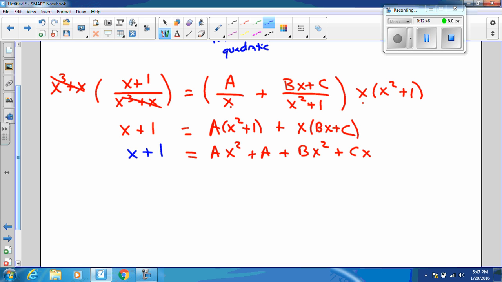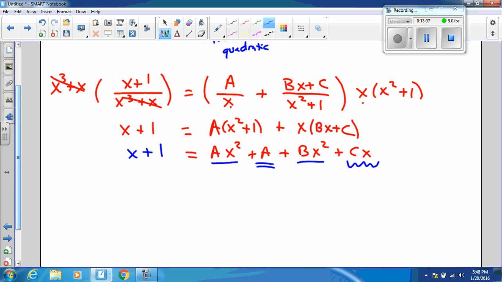And if I compare that to the left-hand side, which is x plus 1, I observe that I now have terms on the right-hand side in terms of x squared, in terms of x, and in terms of a constant.